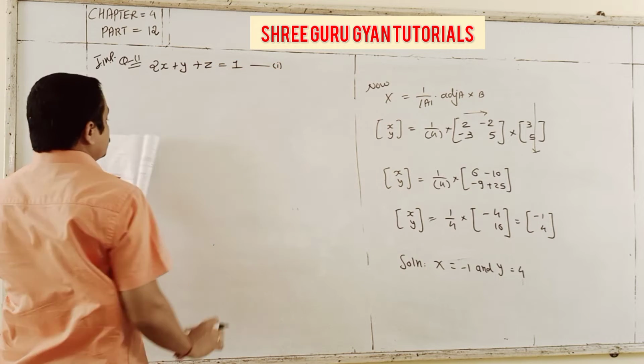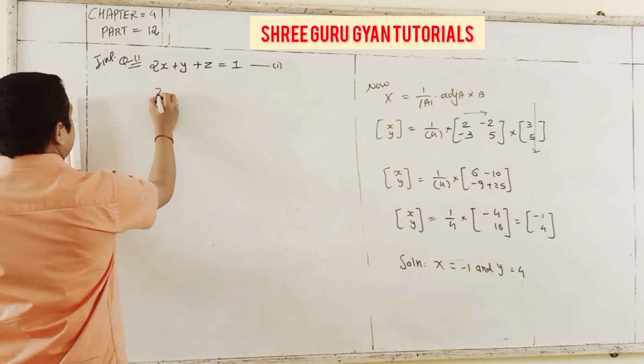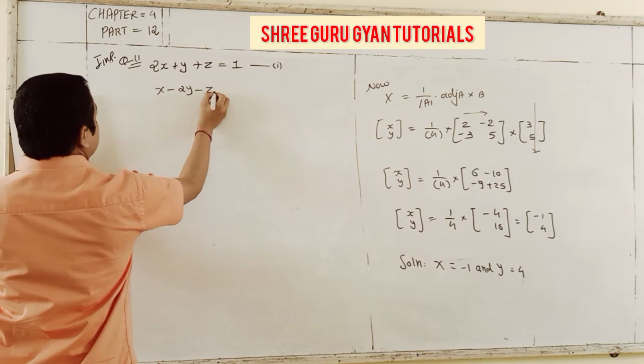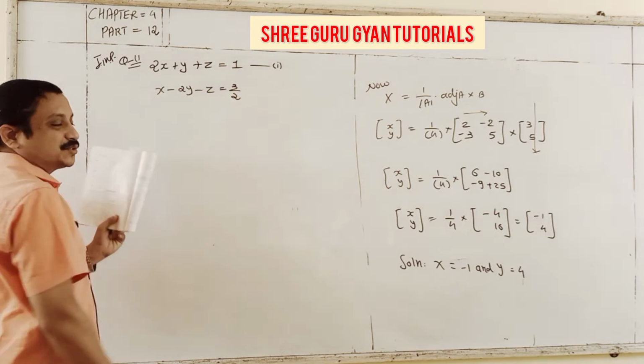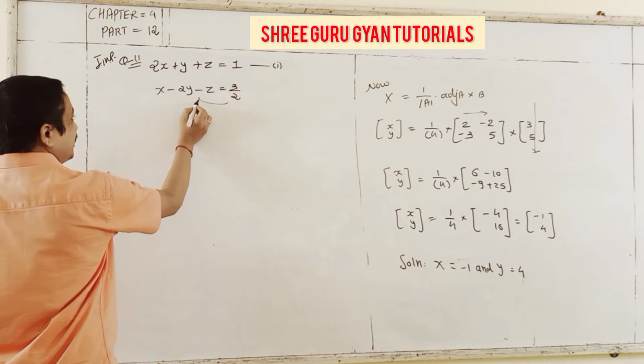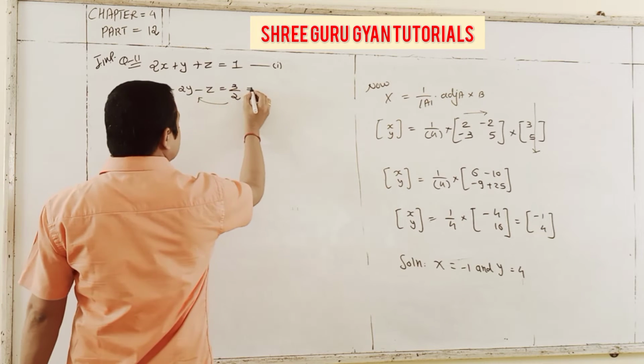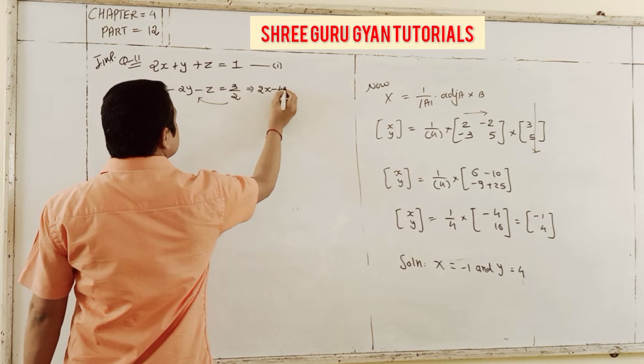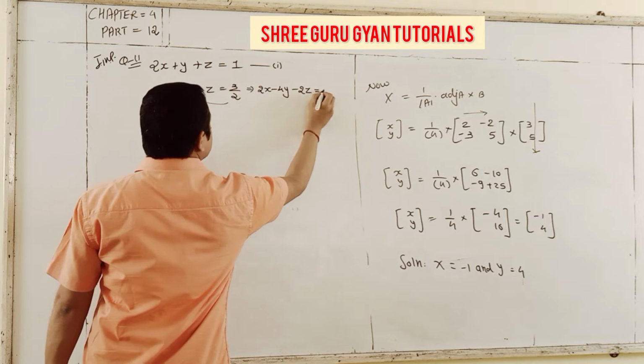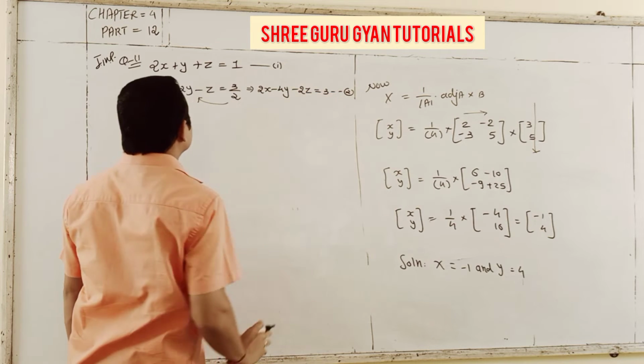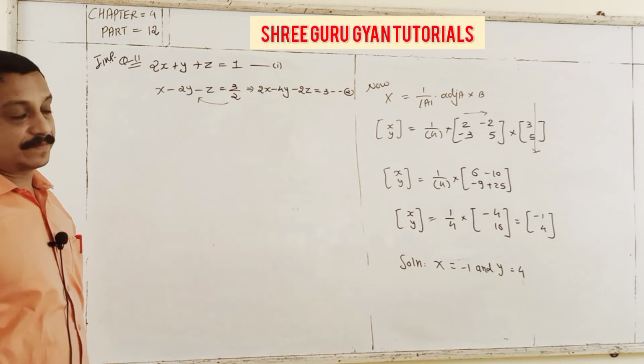Statement 1: 2x plus y plus z. Second, given x minus 2y minus z is equal to 3 by 2. But students, you take the LCM and just rearrange. So here 2x minus 4y minus 2z is equal to 3. Statement 2: 2x minus 4y minus 2z.